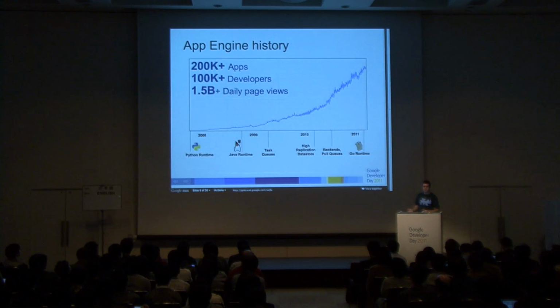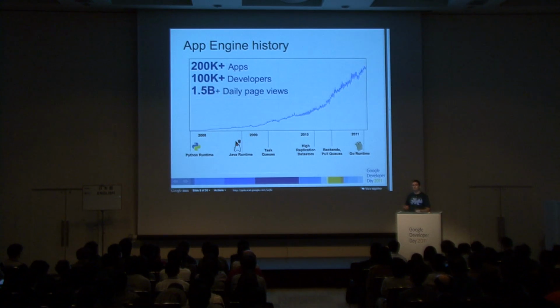So App Engine has been around for a few years now, almost 4 years. It started with the Python runtime, and then later in 2008 we saw the Java runtime. Then in 2009 we saw the introduction of task queues, which opened up App Engine to a new class of applications.